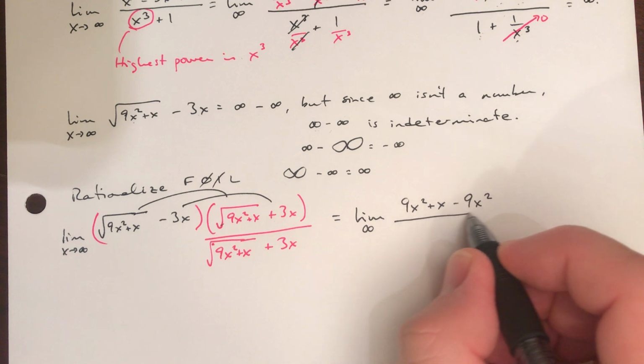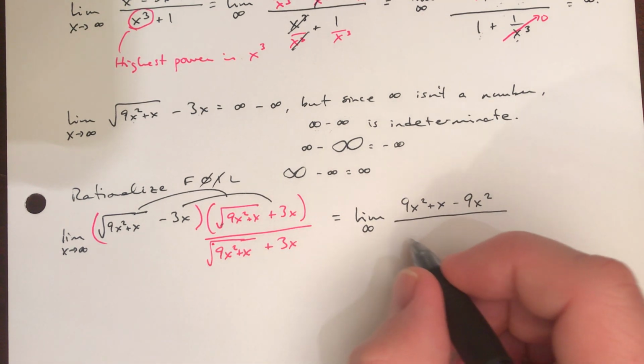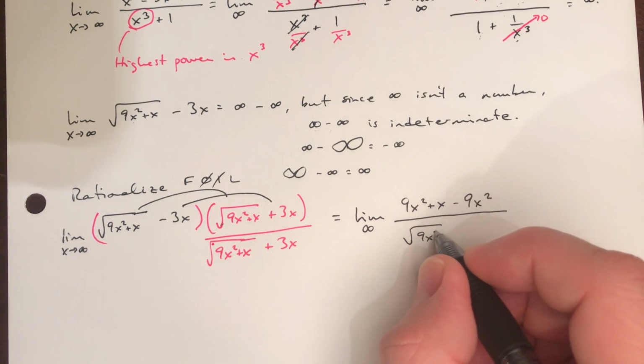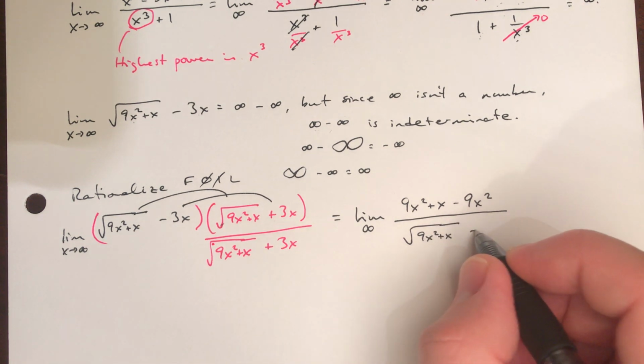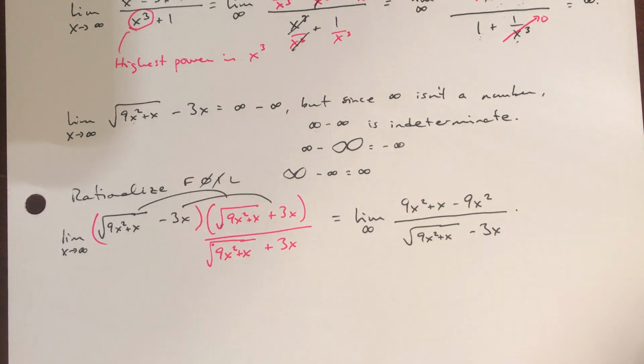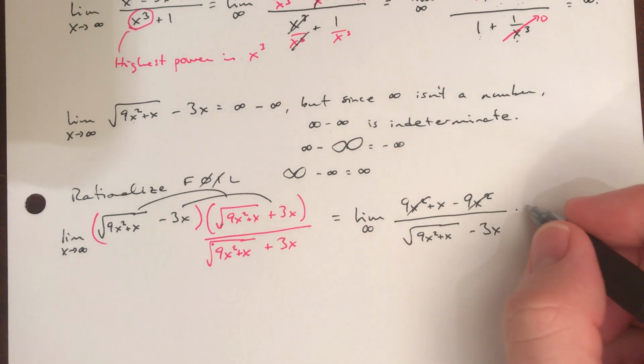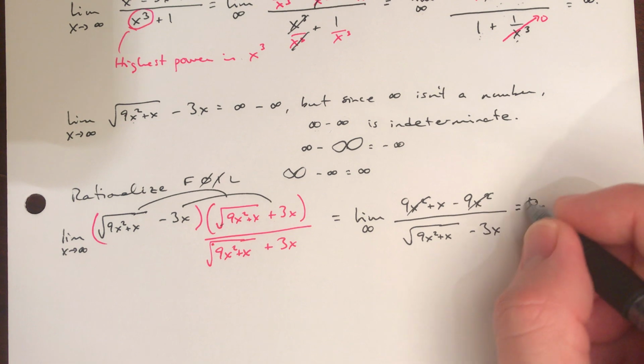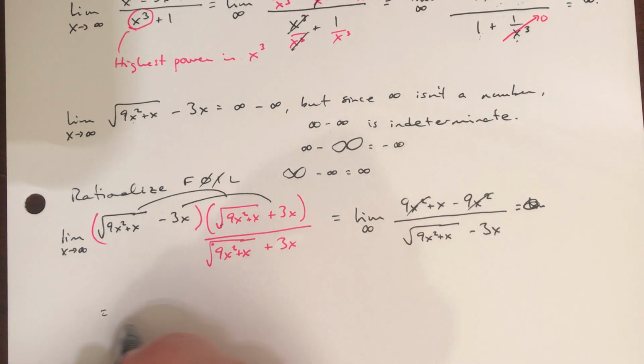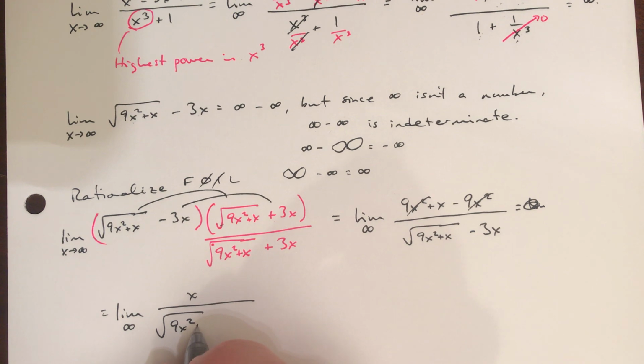And then we're going to divide that whole thing by our denominator here, square root of 9x squared plus x minus 3x. Our 9x squareds cancel, and we're left with the limit at infinity of x over the square root of 9x squared plus x minus 3x.